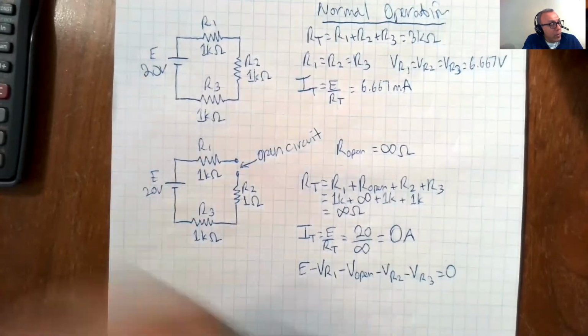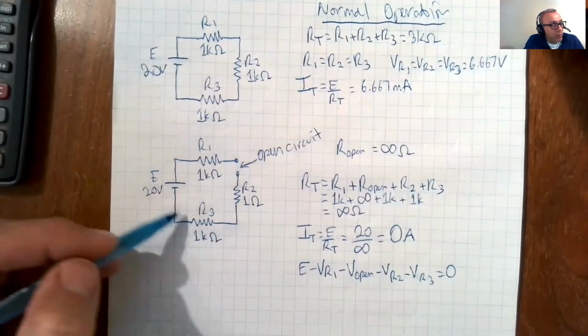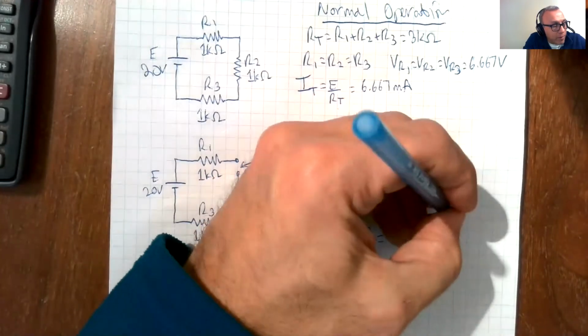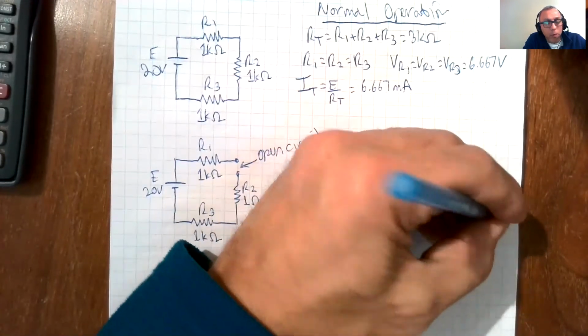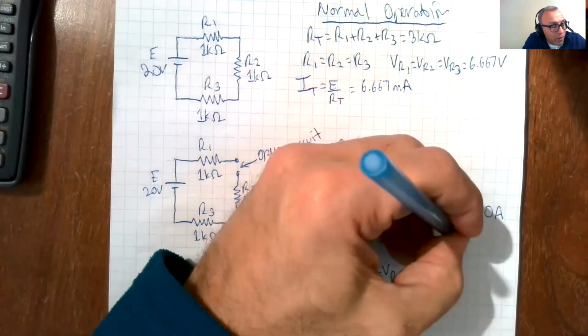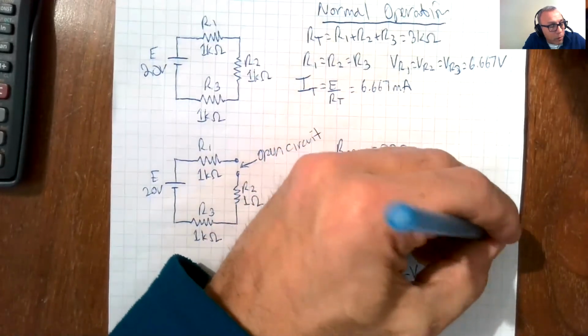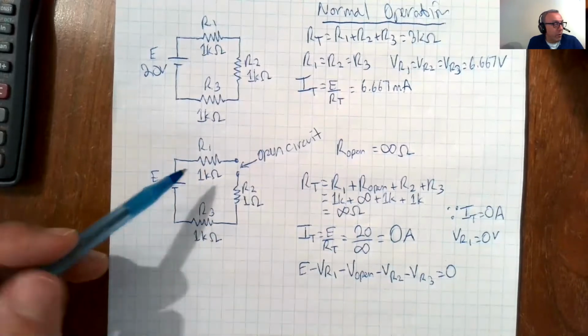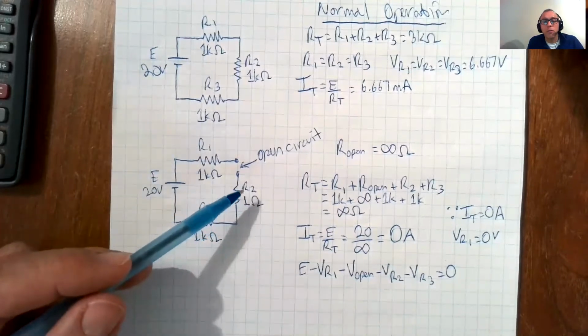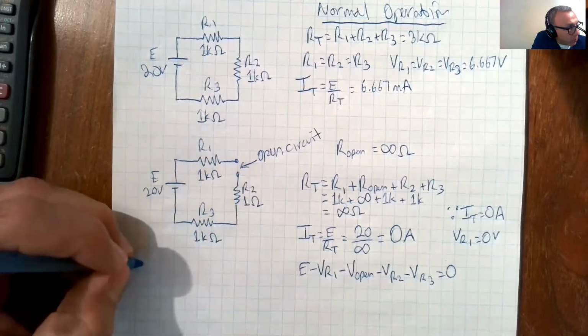Because current is 0, since IT is equal to 0, that means that VR1 is equal to 0 volts, because V is equal to I times R, and I is 0. So all the voltages are 0. VR1 is 0, VR2 is 0, VR3 is 0. Okay, you need to remember that.